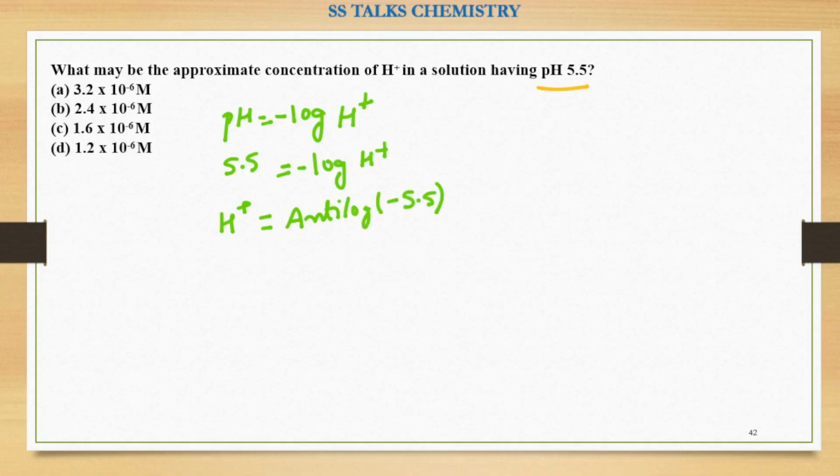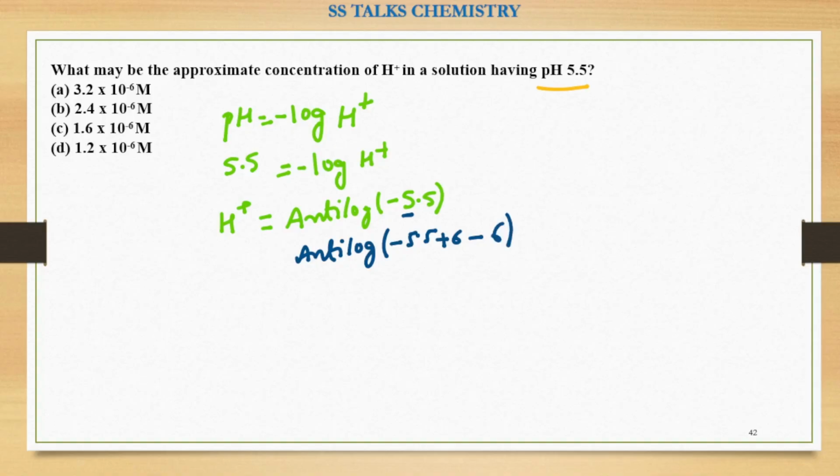I told you how you can find the antilog without a calculator if you have to. For that, you go one number ahead. Here you have 5.5, and the next number after 5 is 6. So we will be adding 6 and subtracting 6. So it is antilog of minus 5.5 plus 6 and minus 6.